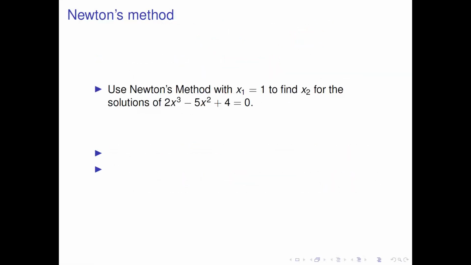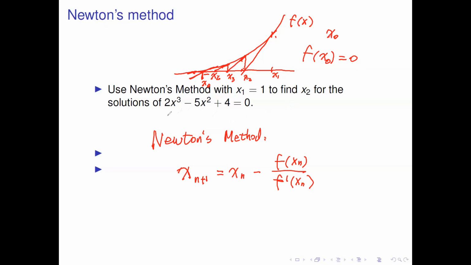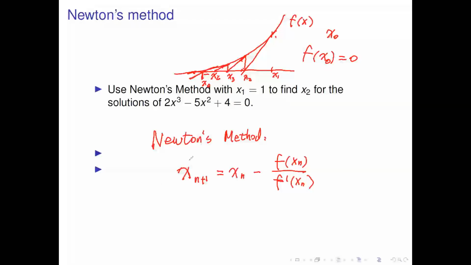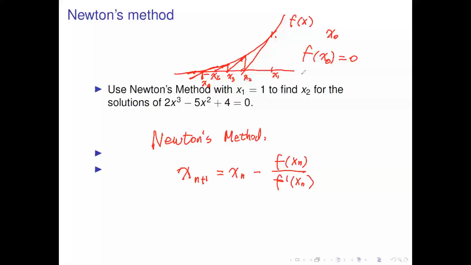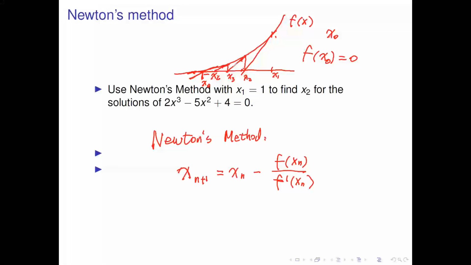Newton's method. Newton's method uses this formula and starts with x1, then picks the tangent line to find x2. Then at x2, take the tangent line, find x3.